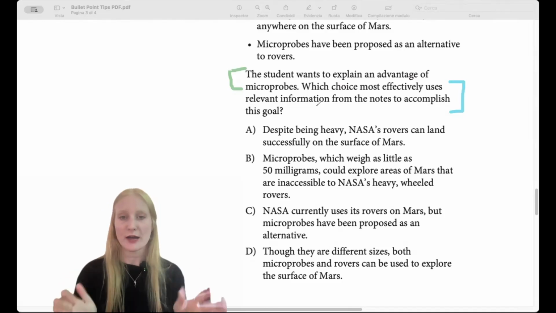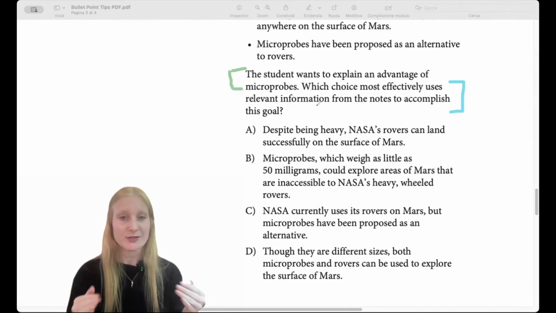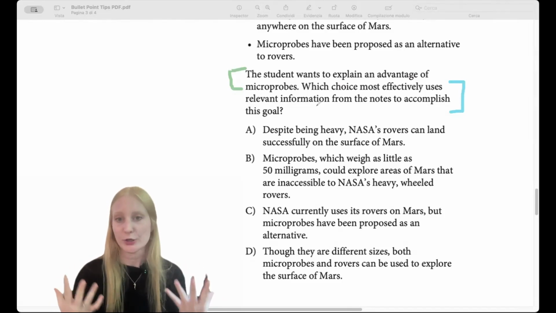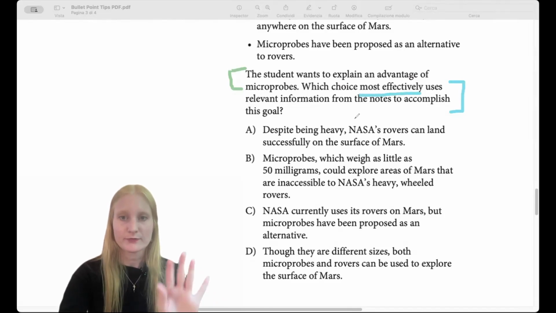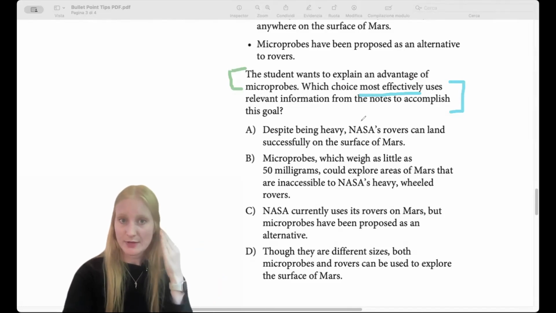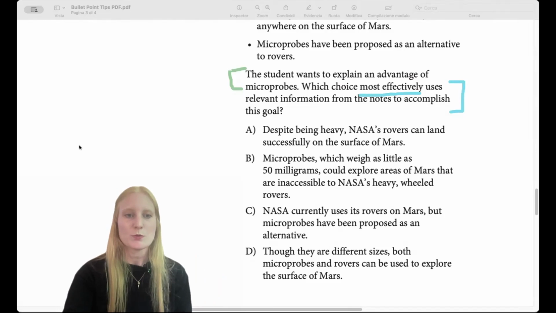It's the same for every single rhetorical synthesis question. So yes, it's important, but it's also repetitive. So we already know that information, right? We already know that we need to look for the most effective choice, okay? So yes, we need to keep that in mind, but we can kind of tuck it into the back of our head. The main thing we really want to look at is this first part here, okay?